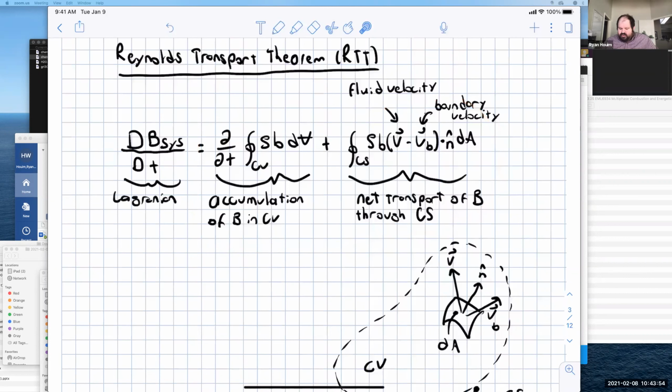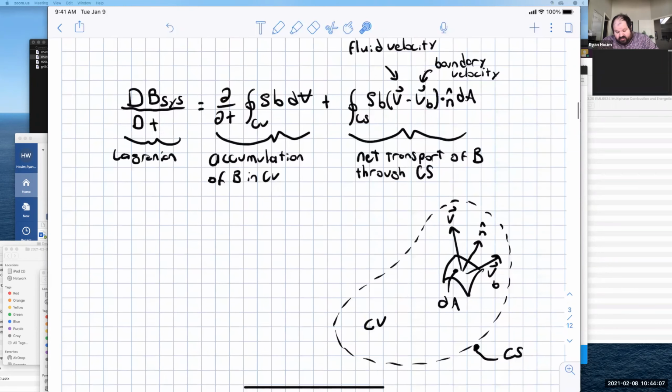That's basically all this is. In your fluids classes you've probably seen different forms for different things. I'm writing one particular form where we include the motion of the surface itself, because our control volume boundaries may be expanding or shrinking with time, or the control volume itself may be moving through space, and we need to account for those.